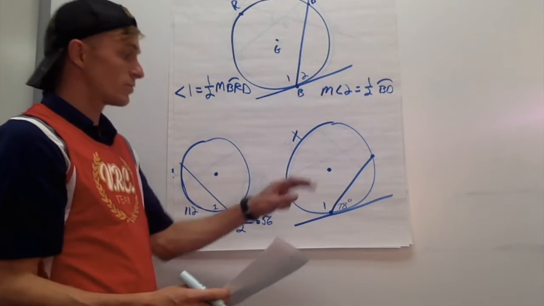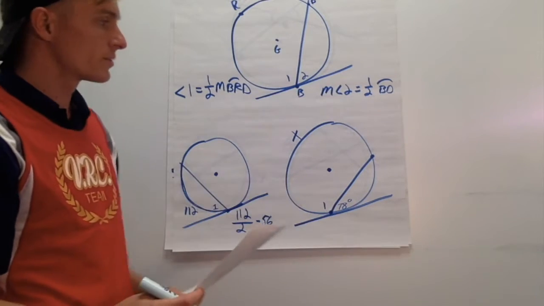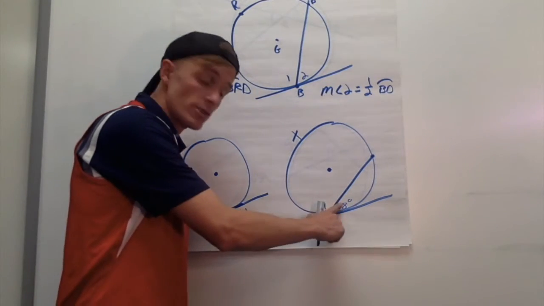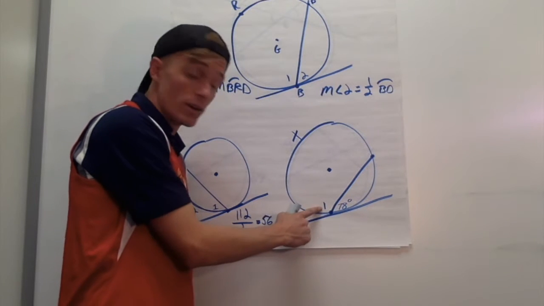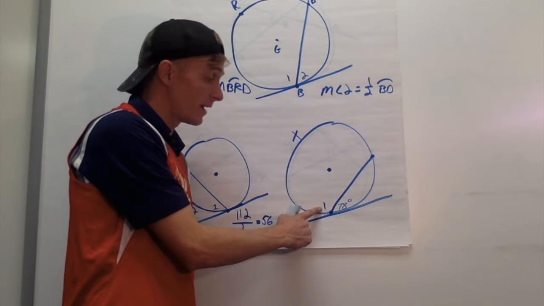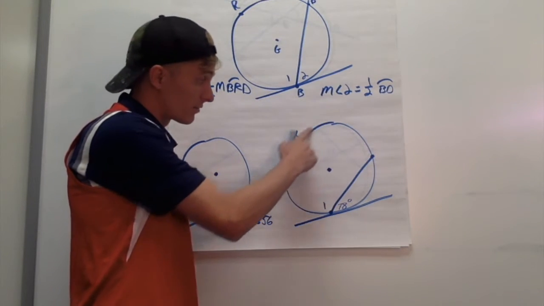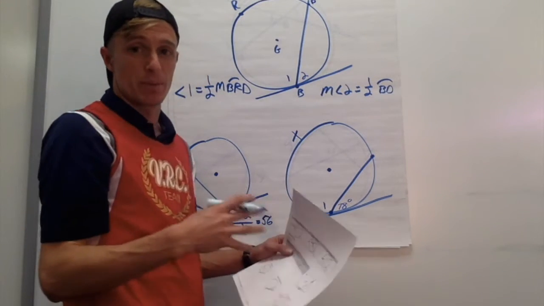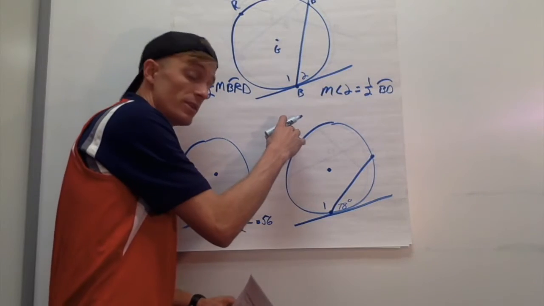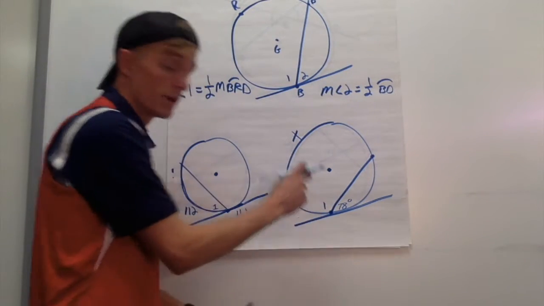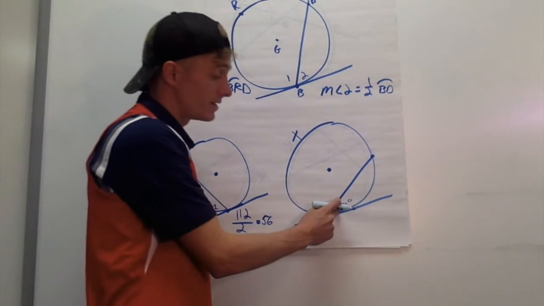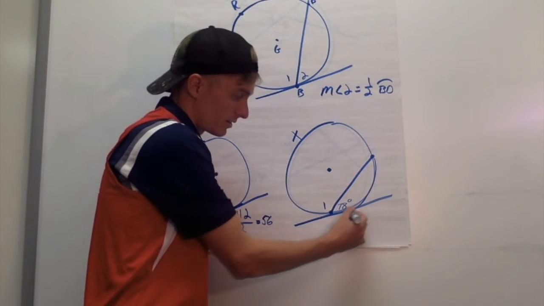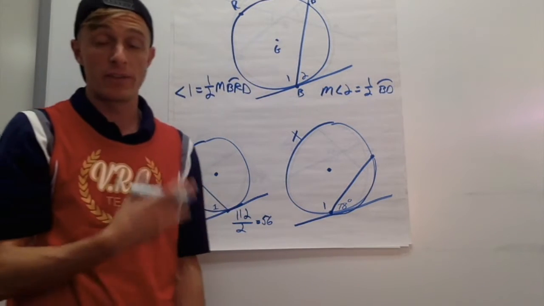Let's try this one right here. Now this one's a little bit trickier because you have to do some extra steps. They give us the measure of this angle. They want to know what 1 is. Okay, but we don't know what the arc length for 1 is, so we can't find 1 yet. But what we can do is complete this puzzle so we know x, and then we can find 1. So, 78. This right here is the intercepted arc. And I can figure out what that is.